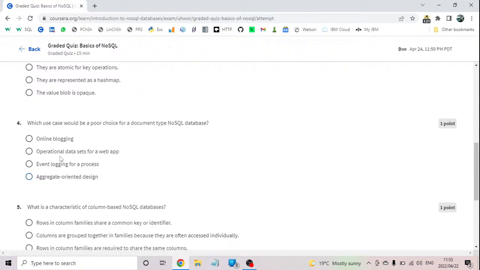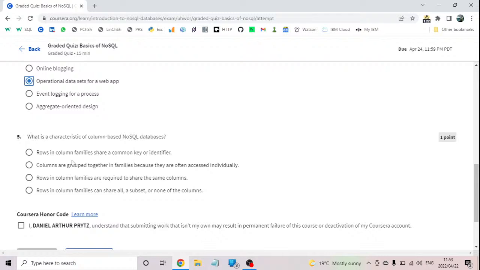Aggregate-oriented design. Operational data sets for a web app. Okay, definitely not this. This doesn't make sense, because I kind of have prior knowledge for that.